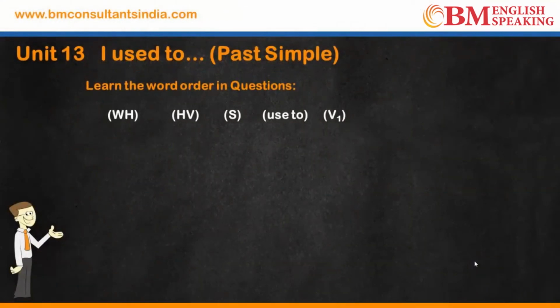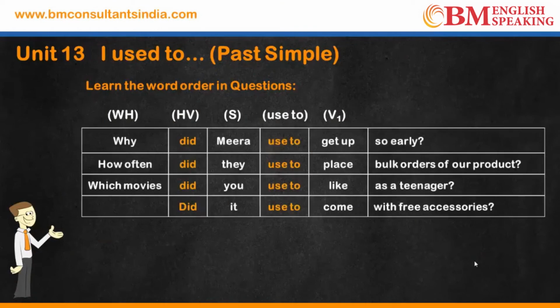Let's look at framing a question with WH words. As we know, WH will be the first word. Did will be the helping verb. Next will be the subject, which is Meera, which is she. Used to, and then the first form of verb, which is get up, place, like, come, and then the object, which is so early. Why did Meera used to get up so early?